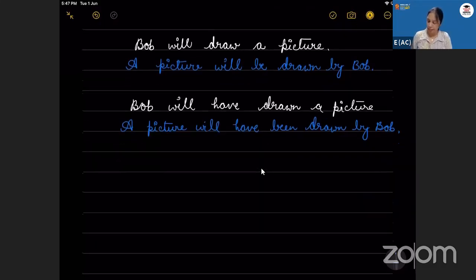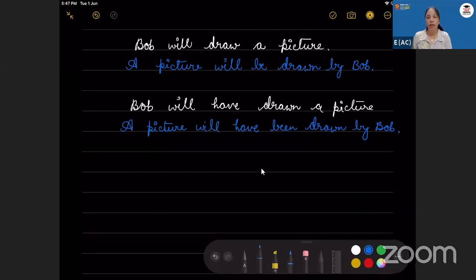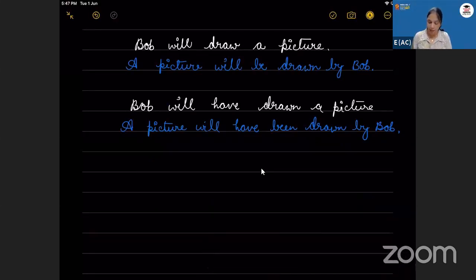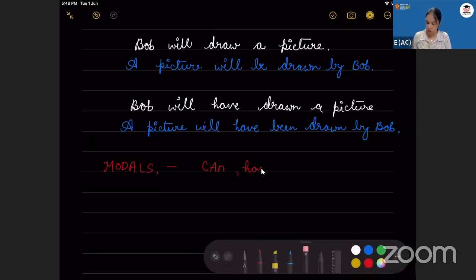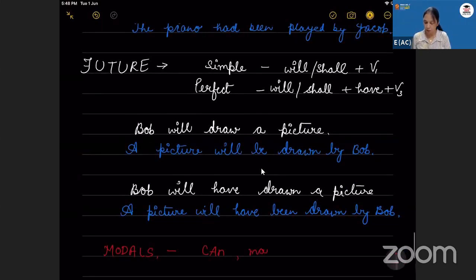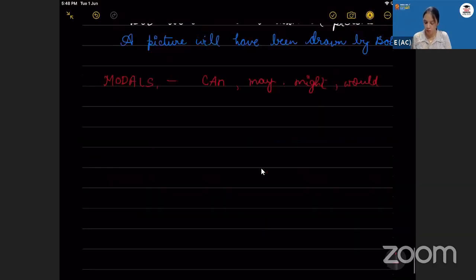The last thing is modals, if any of your active sentences are in modals. Modals everybody knows: can, may, could, might, would, should, etc. So many modals we have.